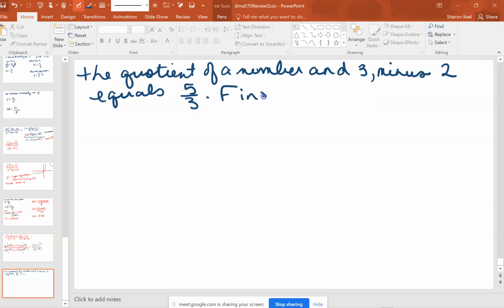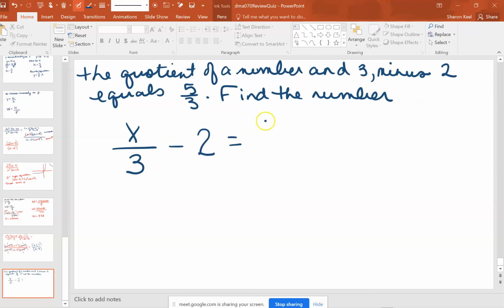And they say find the number. Okay, quotient means division. So we have the quotient of a number and 3, comma. Then it says minus 2. So subtract 2 equals, and we have the fraction 5/3.